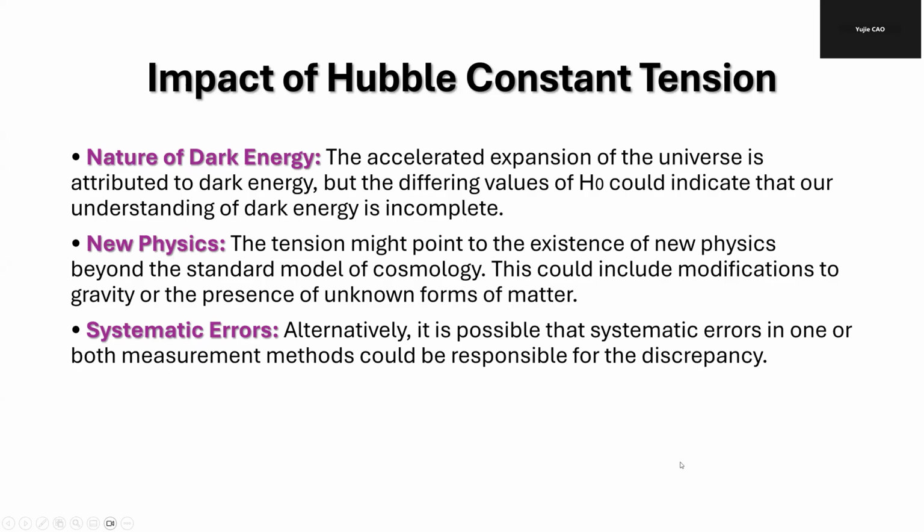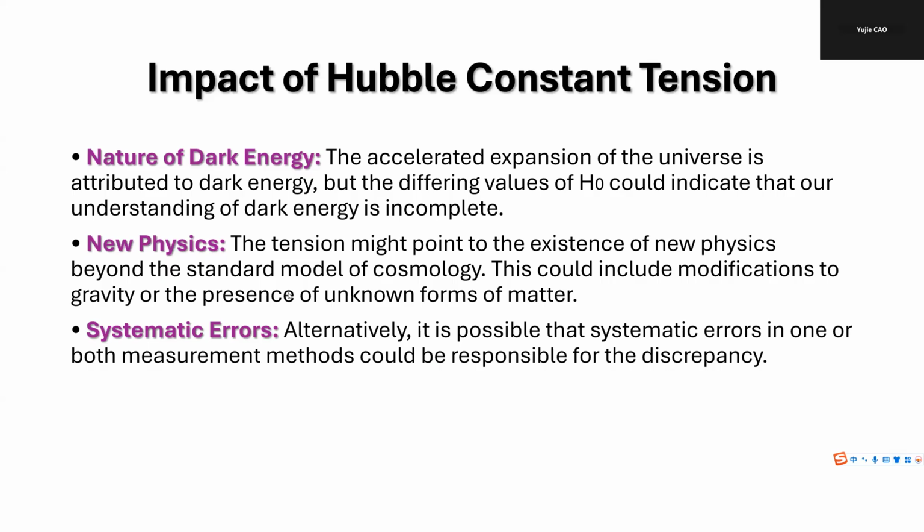First, the nature of dark energy. The accelerated expansion of the universe is attributed to dark energy, but the differing values of H0 could indicate that our understanding of dark energy is incomplete. Another is new physics.